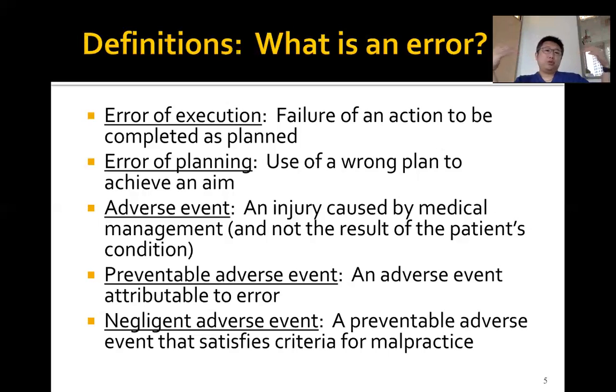For example, you have a smart system that can help you make sure you give the correct drug to the patient. For error of planning, for example, if a doctor orders some rarely used drug for this kind of disease patient, then you will give some alert, or see the adverse event.